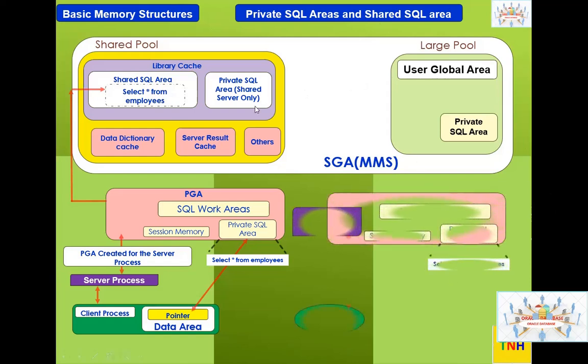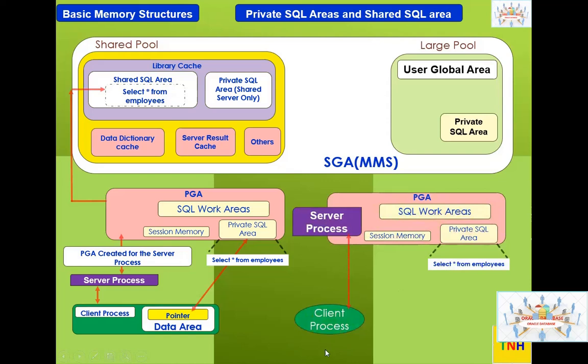Okay, then let's say this is another one. Now the second client process will also have another statement. Maybe it's the same statement. This is another client. But now for this statement, if the execution plan is available here, there's no need to worry about reparsing. It can be reused because it's already there. So it's a cache hit for the second statement. It has to be available in the shared pool.